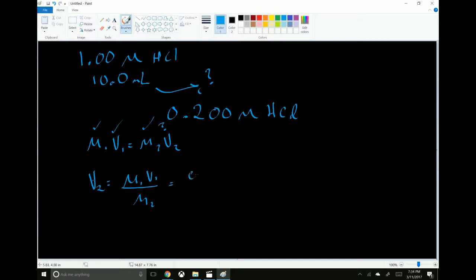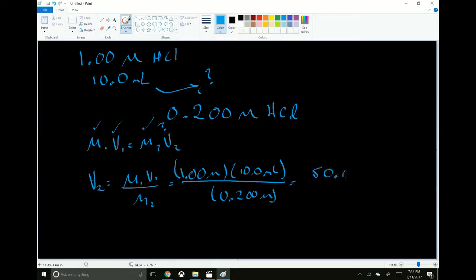So, M1 is 1.00 molar. The initial volume is 10 mils. The final concentration is 0.200 molar, which means our final volume is going to be 50 milliliters.